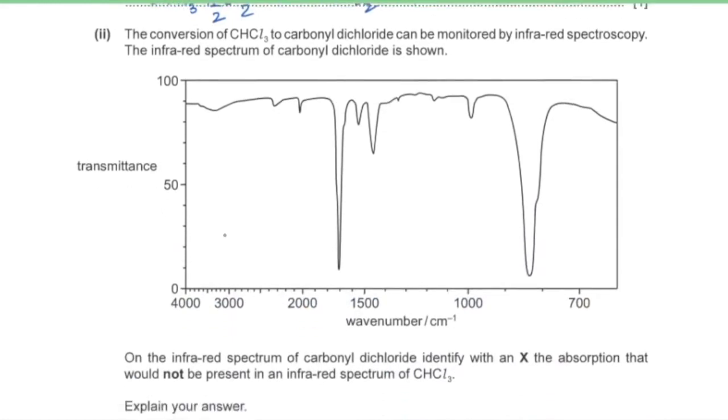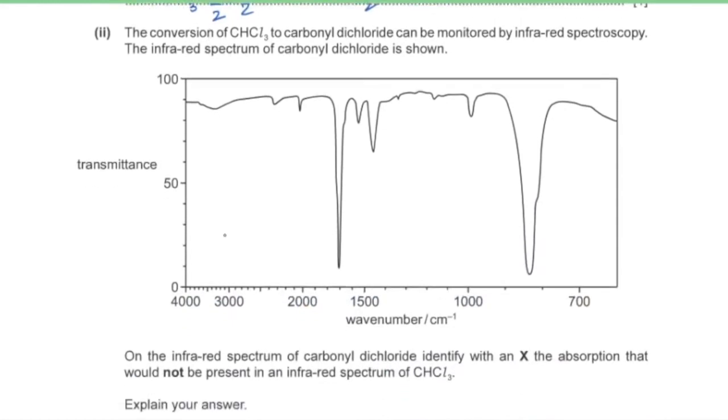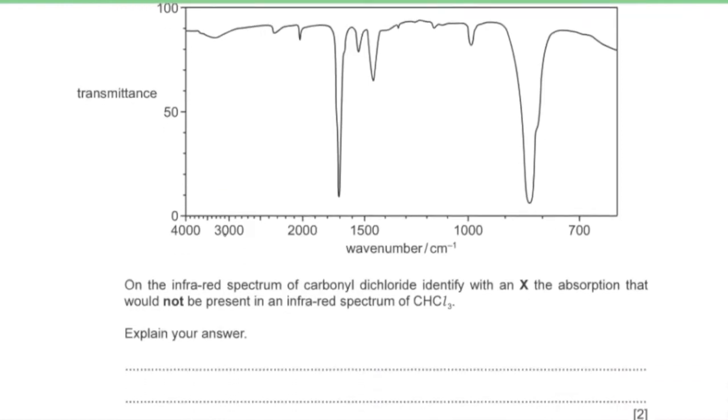Part 2, the conversion of CHCl3 to carbonyl dichloride can be monitored by infrared spectroscopy. The infrared spectrum of carbonyl dichloride is shown. On the infrared spectrum of carbonyl dichloride, identify with an X the absorption that would not be present in an infrared spectrum of CHCl3.